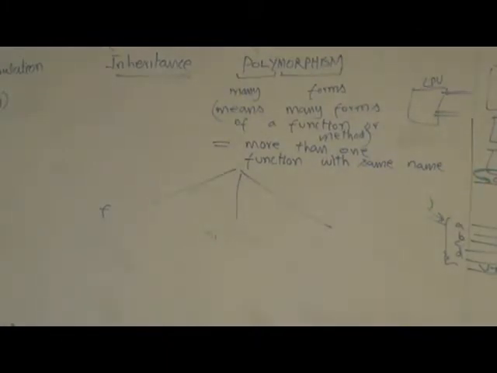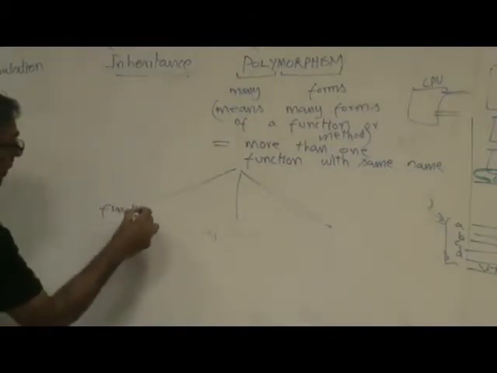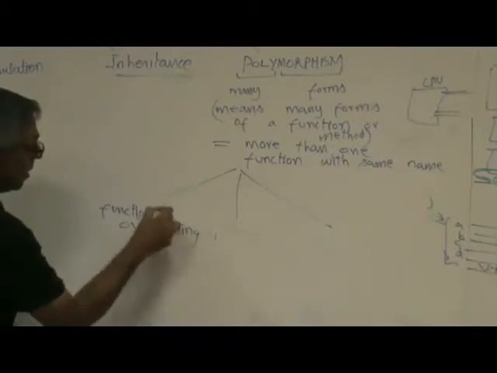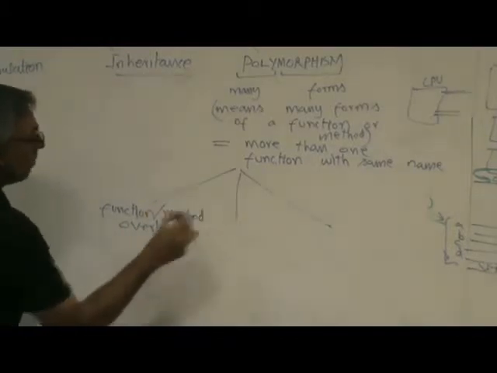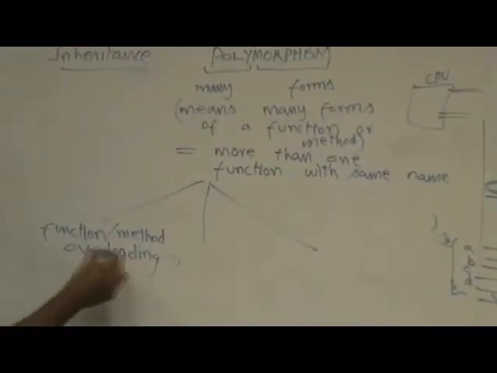For example, remember whenever we were writing constructors, a constructor is a function, right? So we had more than one constructor. We discussed that typically we'll write two constructors, one without parameters, one with as many parameters as the fields inside a class, right? So here, function overloading. Whenever we write more than one function with the same name, we also call it overloading.